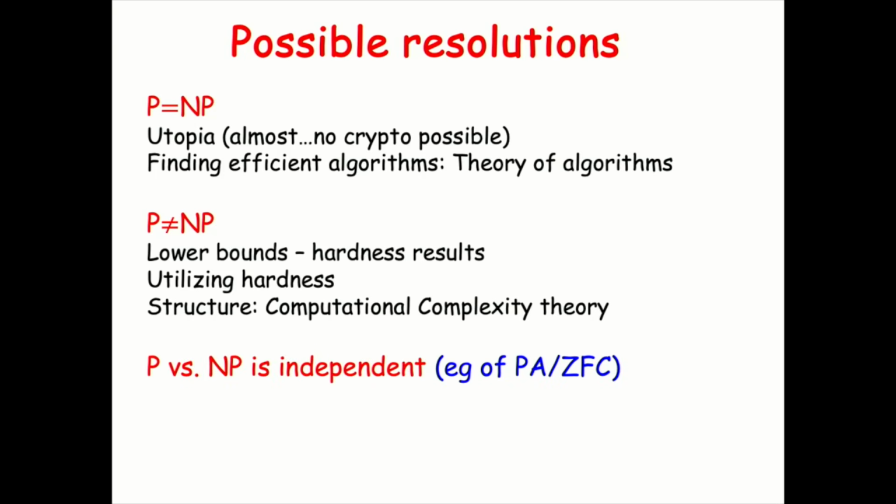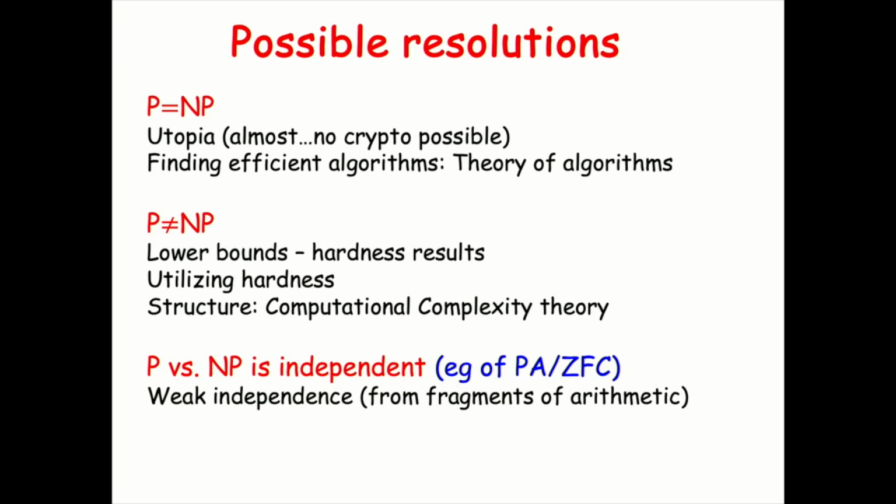But I want to point out a third possibility, a third outcome that I'm not sure is covered by the $1 million prize: that this problem is independent of set theory, which is quite possible. And also this is a field of study.